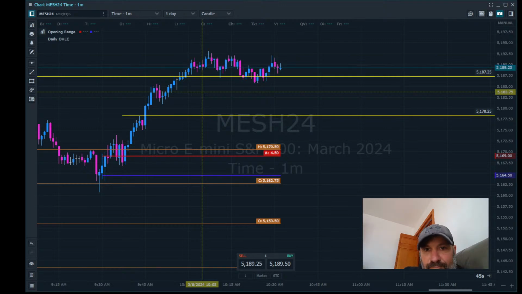Well, I'm kind of becoming less interested in taking a short as long as we stay above that 15-minute gap, which is marked out by the yellow lines. I would love to be able to short back down into the opening range, which is the red and blue line below in the middle of the two brown lines down there, at around 51.69 to 51.64.50. Just doesn't look like we're going to get that.